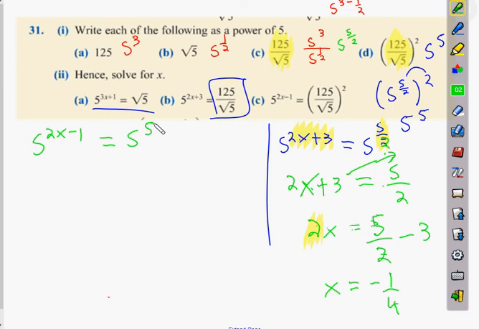So Sam, what's the next part then? 2x minus 1 equals 5. Then 2x equals 6, and x is 3. Okay, x equals 3.